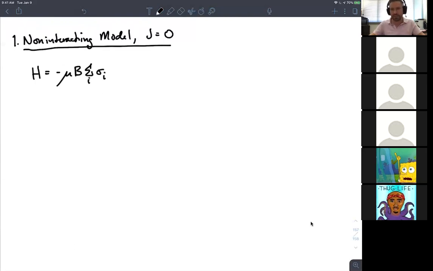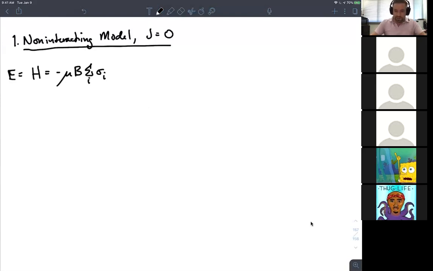Okay, and that looks relatively straightforward to do. Now, notice one thing. The energy of the system only depends upon the interactions of the individual spins with the applied external field. They're not talking to each other, only to the external field.